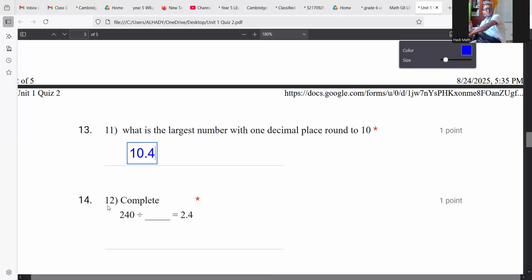They say complete: 240 divided by a number is equal to 2.4. It was 240. What did we do? We cancel 0 and we put the decimal point after one digit. That means this number should contain 2 zeros, which is going to be 100, because when you divide by 100, you cancel 2 zeros.